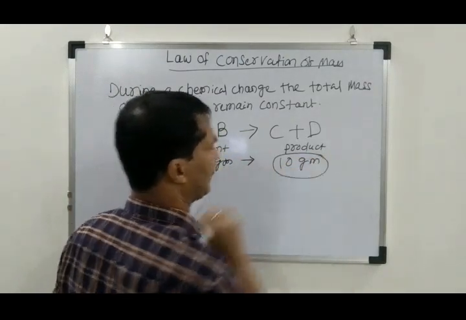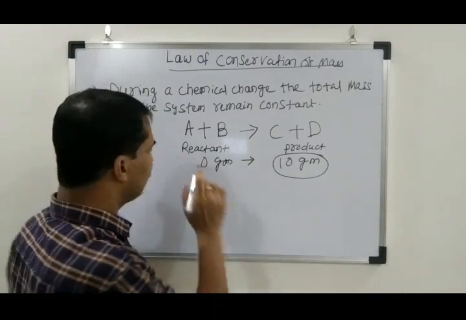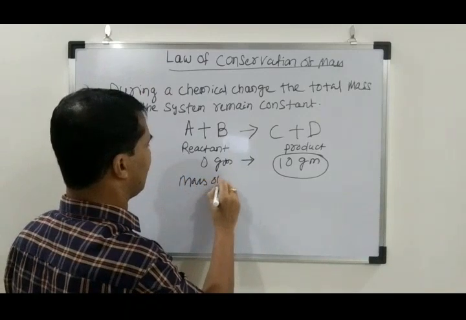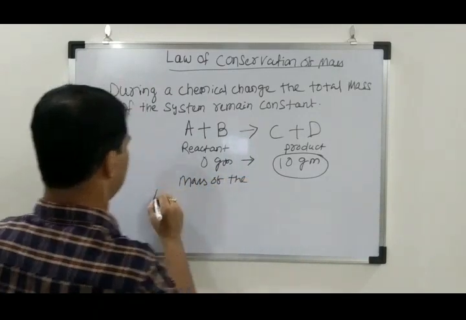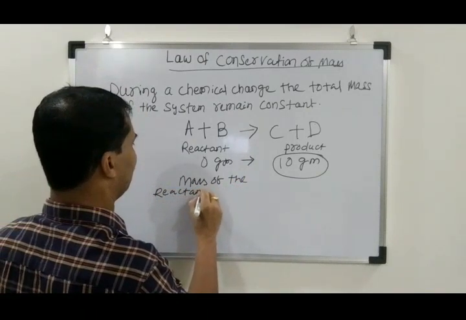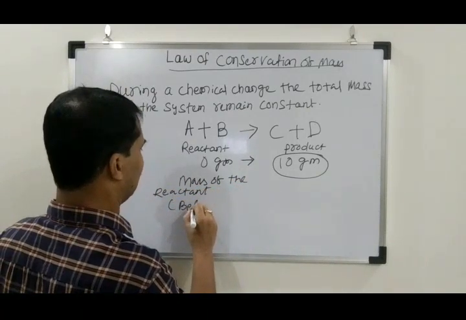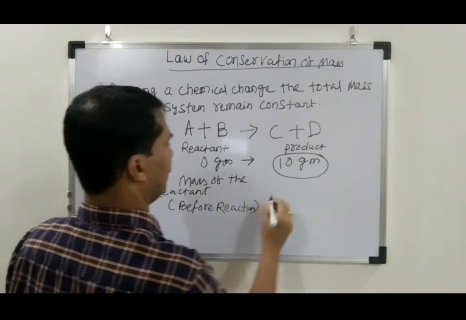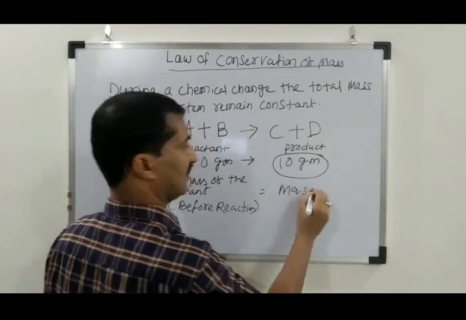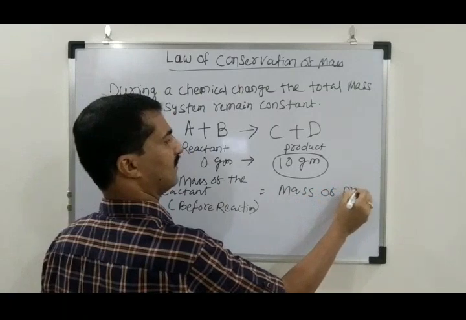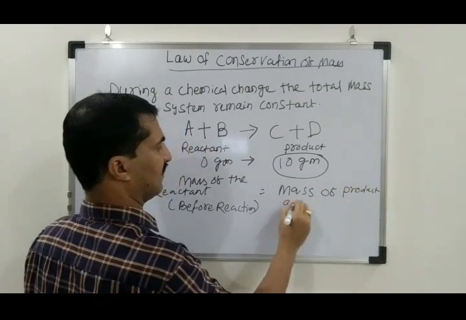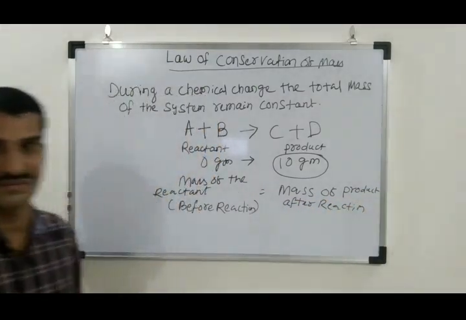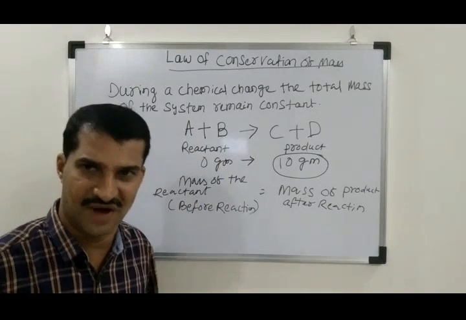Here the product mass will be 10 gram. That means the mass of the reactant before reaction is equal to the mass of the product after reaction. This is called the law of conservation of mass.